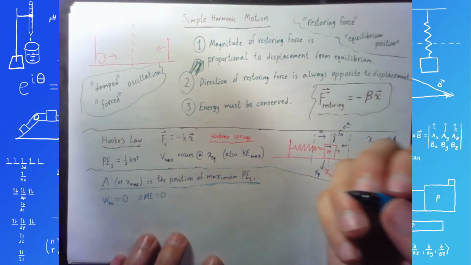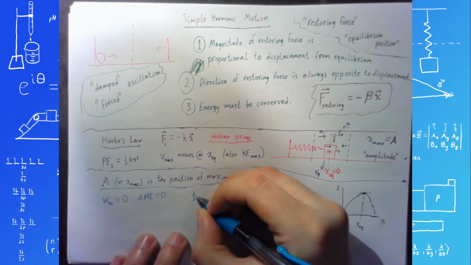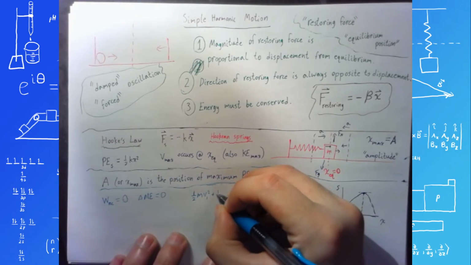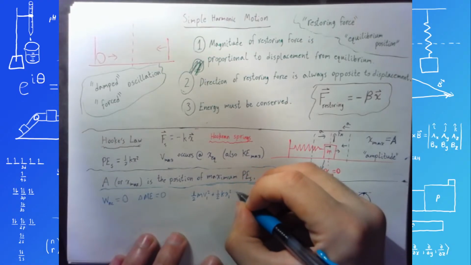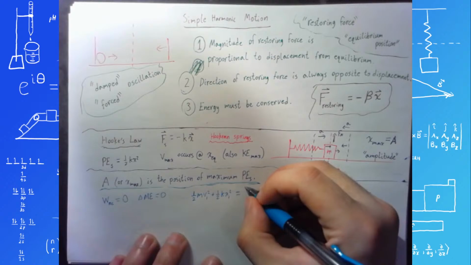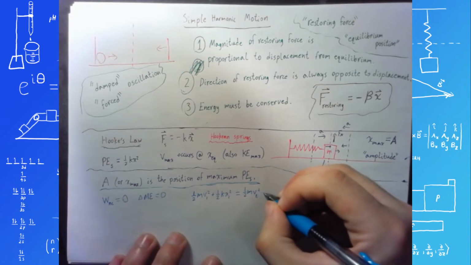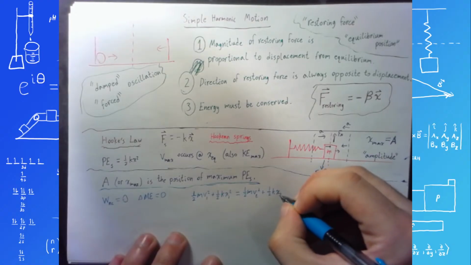So that tells me that 1/2 m v1 squared plus 1/2 k x1 squared is equal to, at some other point in time, 1/2 m v2 squared plus 1/2 k x2 squared.